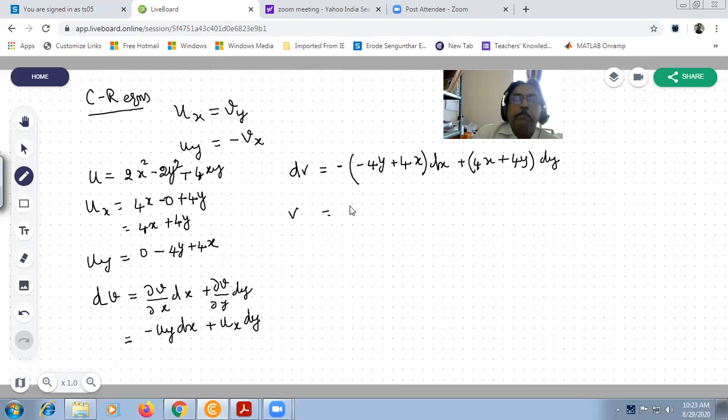Okay, 4 is common here. Minus 4y dx, you can integrate as it is and club the answer. Minus 4x dx plus 4x dy plus 4y dy.